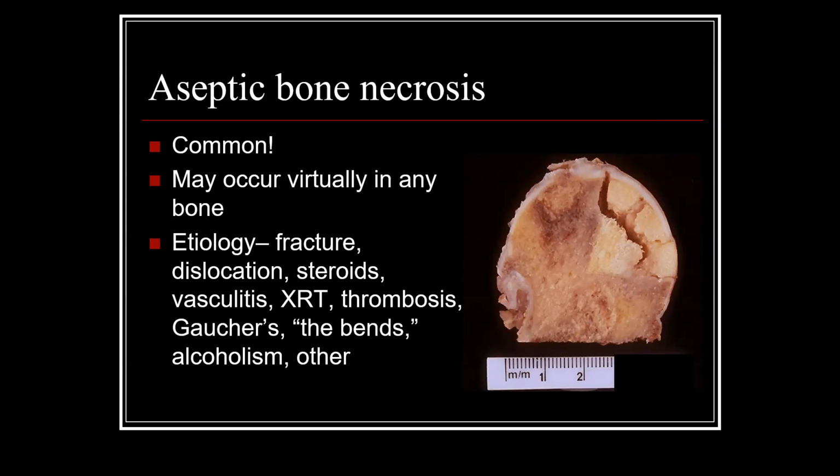But a number of possible etiologies, fractures, dislocations, steroids, vasculitic changes, various other sorts of things could all lead to this sort of a pattern. And grossly, it has this sort of marginated area of necrosis that will be in the epiphysis, poor vasculature, and then you may have a little bit of hyperemia around the periphery of it.